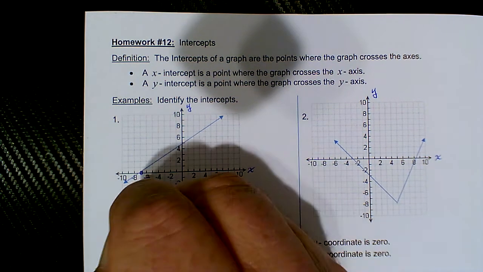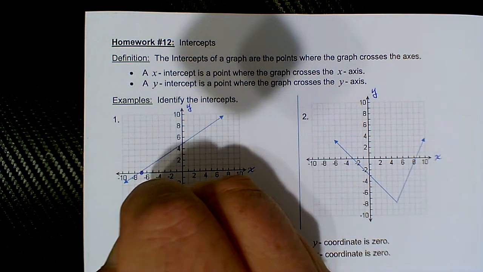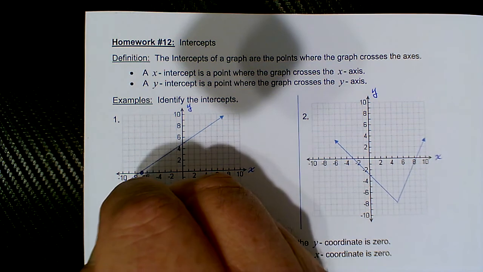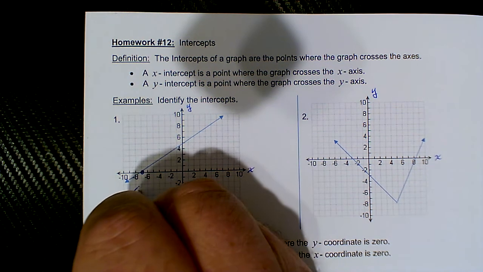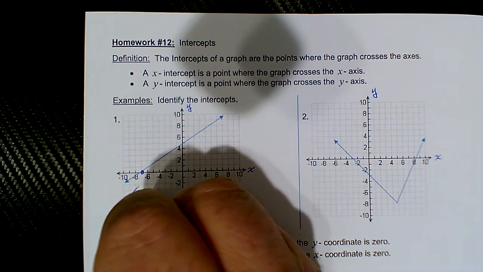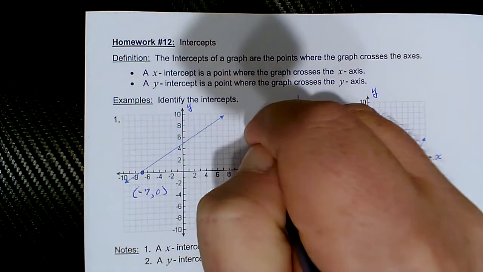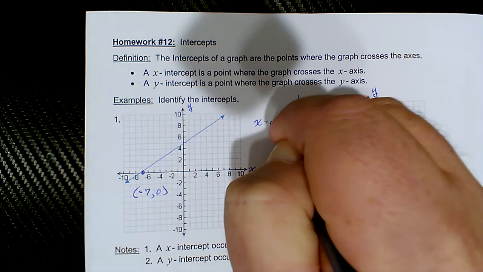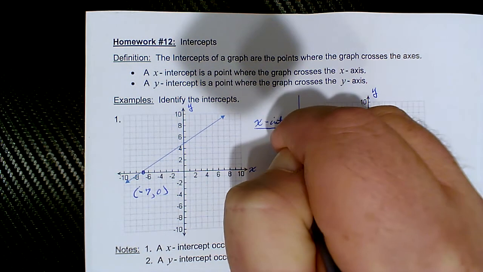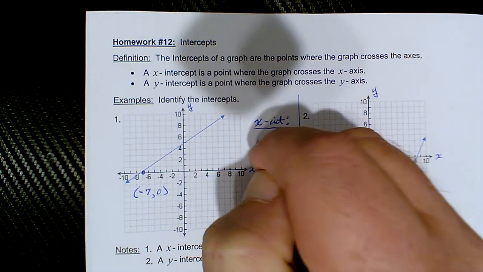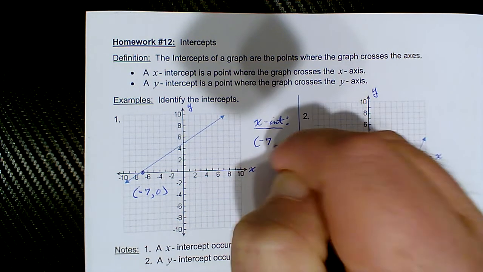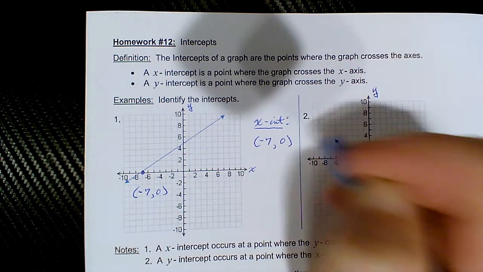So just read that point, and the ordered pair would be in the x direction, -7, in the y direction, 0. So the x-intercept is given by the ordered pair -7, 0.